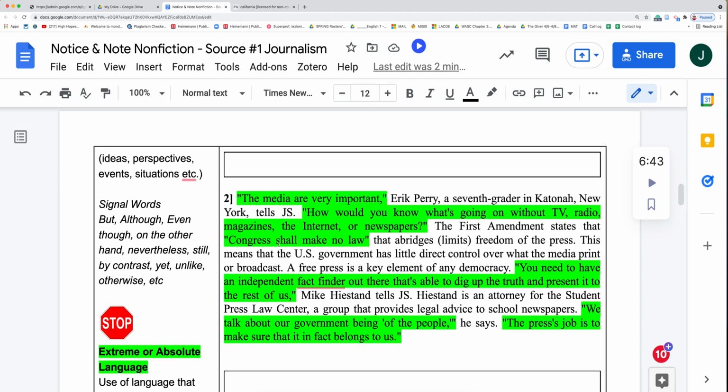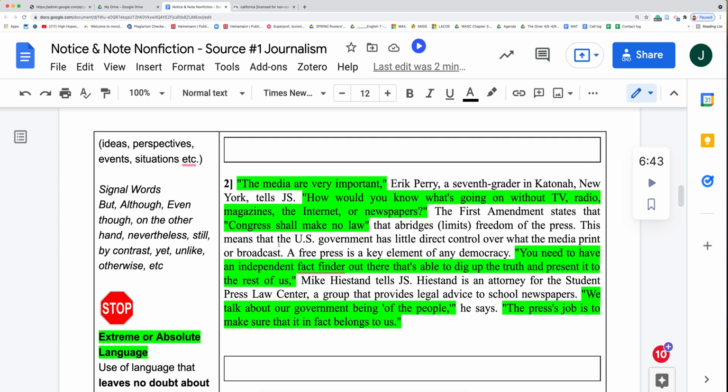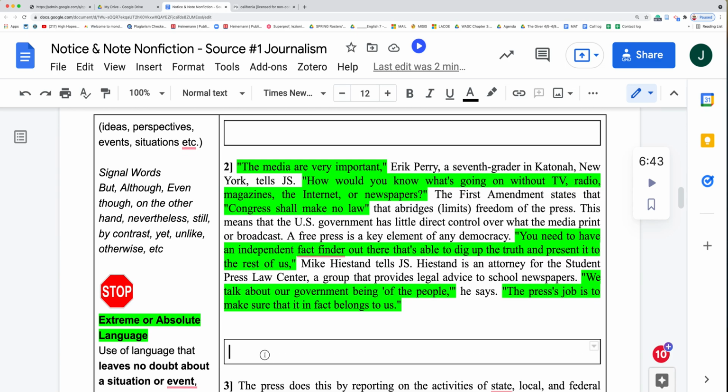The second paragraph, you can look to see if you have any extreme language that you can use, any words that you do not understand, write them down. Now the boxes here at the bottom, you can write them in bullets, complete sentences, or phrases.